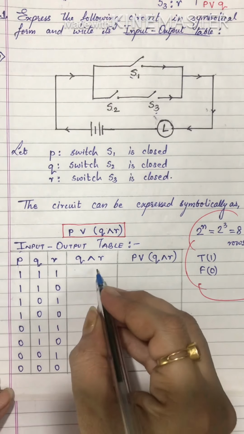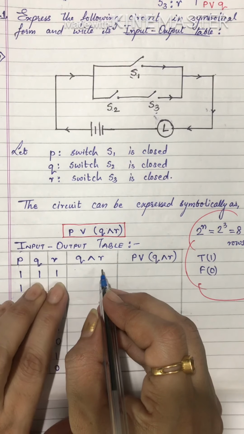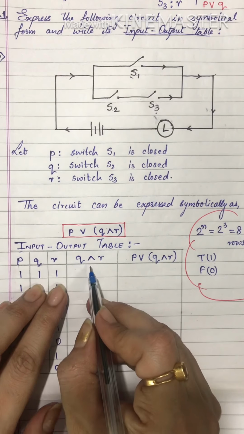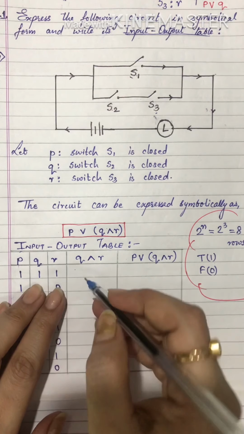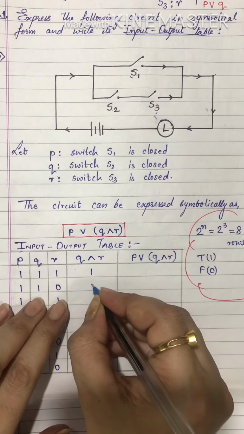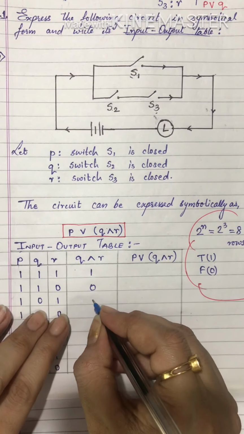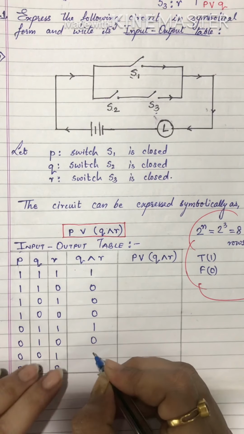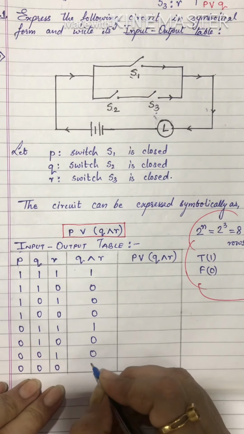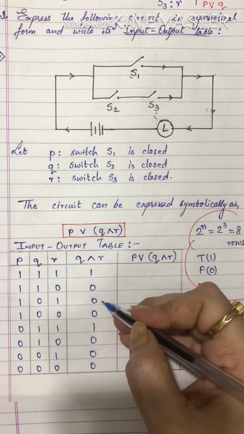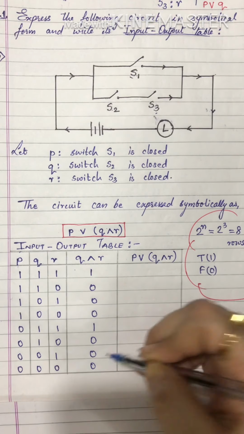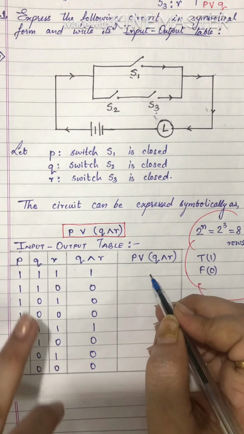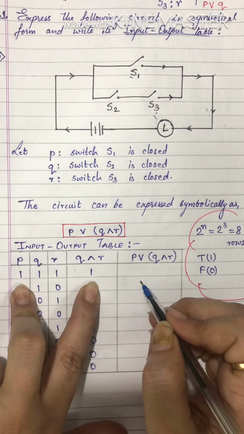Okay, then Q and R, I have explained it in the previous videos. Q and R, for AND connective, think of multiplication operator. So 1 into 1, 1, 0, 0, 0, 1, here 0, 0 and 0. Okay, you can just recheck the values once again. Okay, fine, let's move further. P or (Q and R), these two columns.